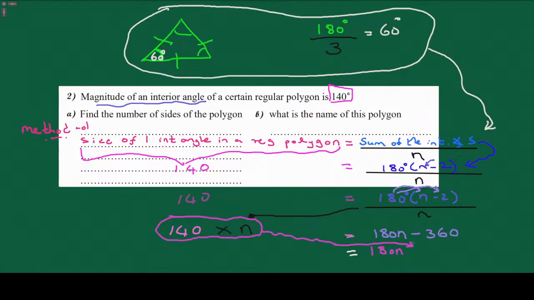So when it goes to the other side, it becomes minus 140n. And let's ask this minus 360 to go to the other side. When minus 360 goes to the other side, it becomes plus 360, or simply 360. I don't have space to go down, so let's take these workings and go to the next page.